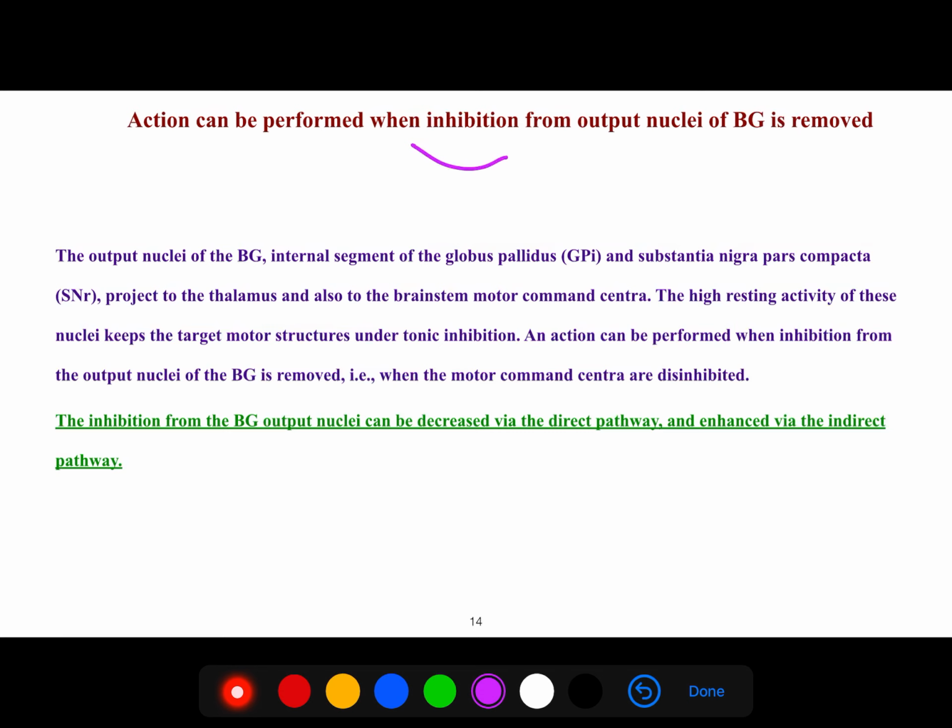The high resting activity of these nuclei keeps the target motor structures under tonic inhibition. An action can be performed when inhibition from the output nuclei of basal ganglia is removed, when the motor command centers are disinhibited. The inhibition from the basal ganglia output nuclei can be decreased via the direct pathway and enhanced via the indirect pathway.